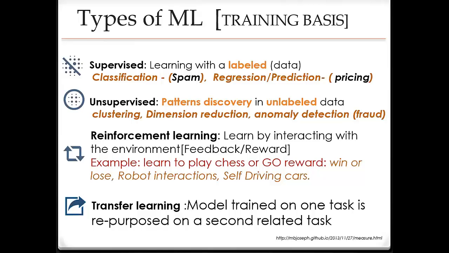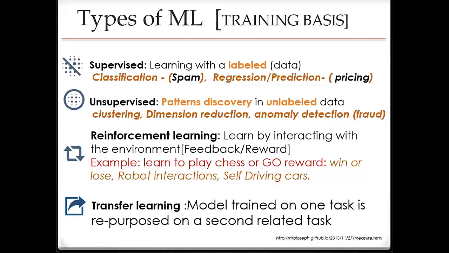Yes. And then we also have unsupervised learning. It's another way of training machine learning models, but what we do is give it data which is unlabeled, and it's up to the algorithm now to find meaning in that data. And the tasks that can be ideal for unsupervised models are clustering, dimension reduction of data, anomaly detection such as fraud, and also we have reinforcement learning.